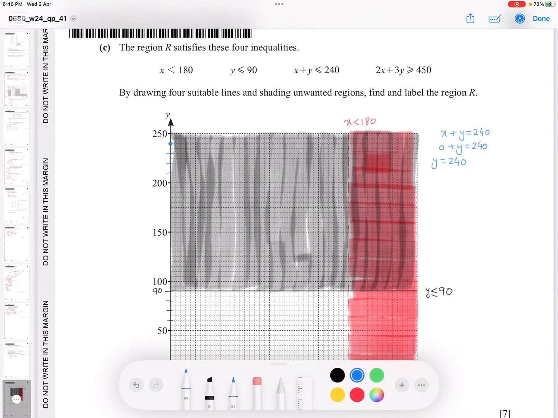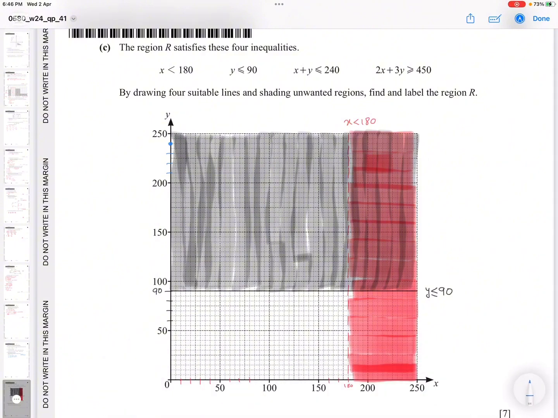Let's take another point. We just need 2 points to draw a line. So x plus y is equal to 240. Now I will put y as 0 and our x would be 240. So x is equal to 240.